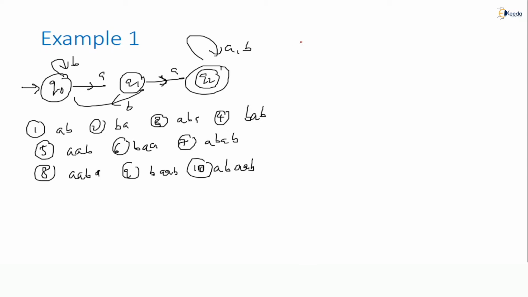We will check. First one is W equal to AB, whether this is accepted or rejected. The input tape contains A and B, and we scan from left to right. Q naught on A, it is going to Q1.